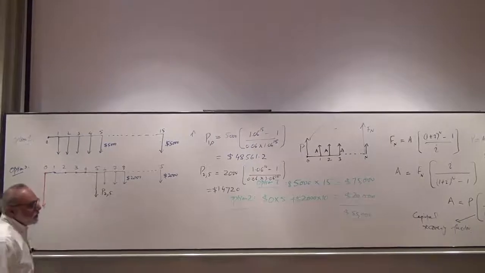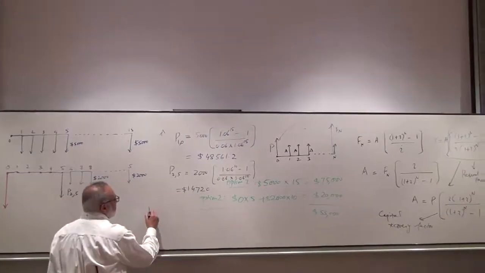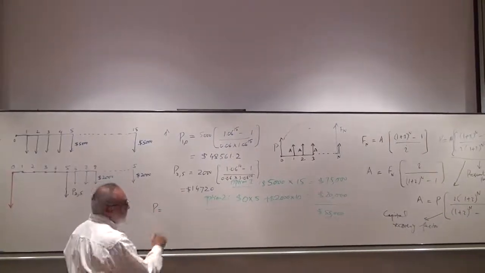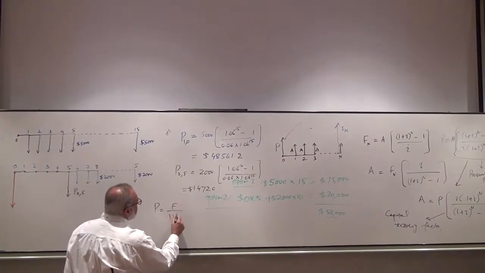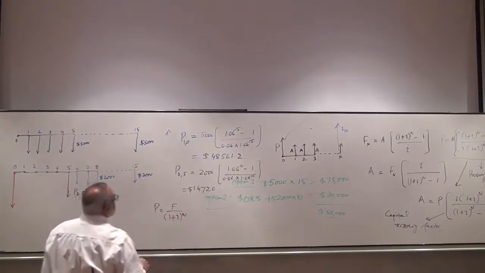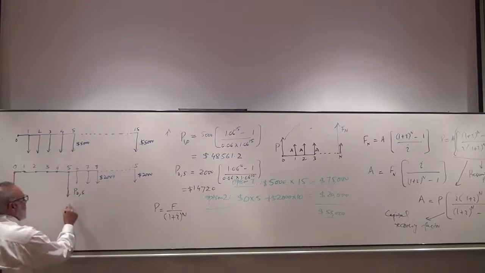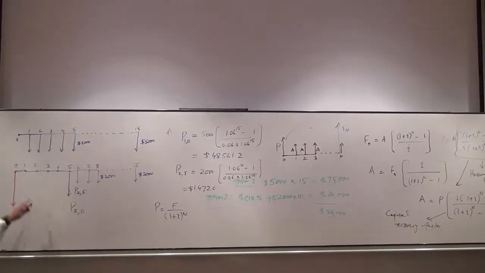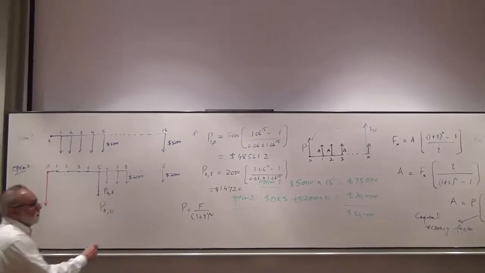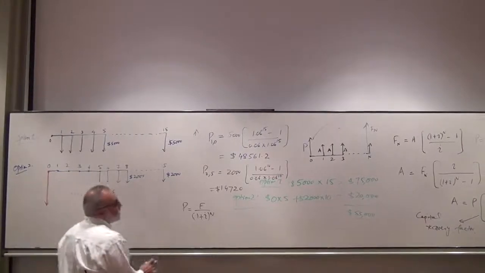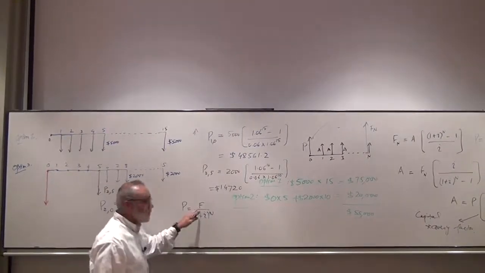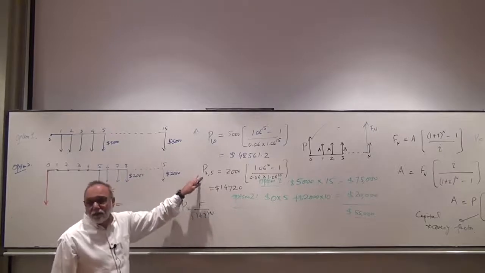So we will use the single payment formula and bring it back. The single payment formula is P equal to F over 1 plus i raised to power n. If we want to find P20, bringing it over here, this has now become the future value. Please note that these are all relative.